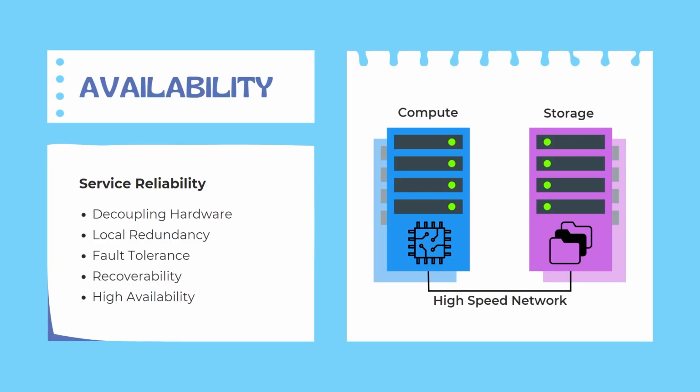Now we want to talk about availability. So if we want to run something like YouTube, we have to think about that service being available, right? So one of the ways that we can make a service available when it's running on hardware is by decoupling the hardware.